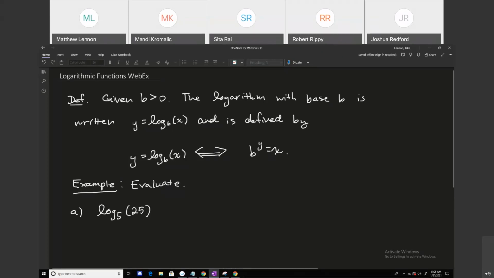If you look at this definition, basically you can evaluate any logarithm by looking at the input and asking what power of the base is equal to the input. So same thing here. Basically, you would be trying to answer 5 to what power equals 25.